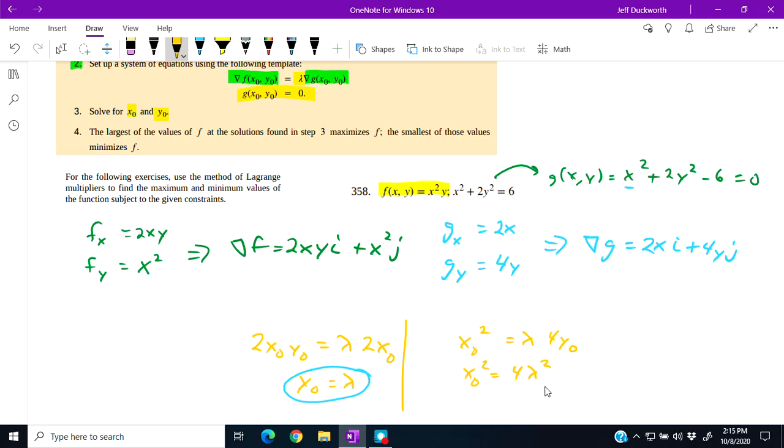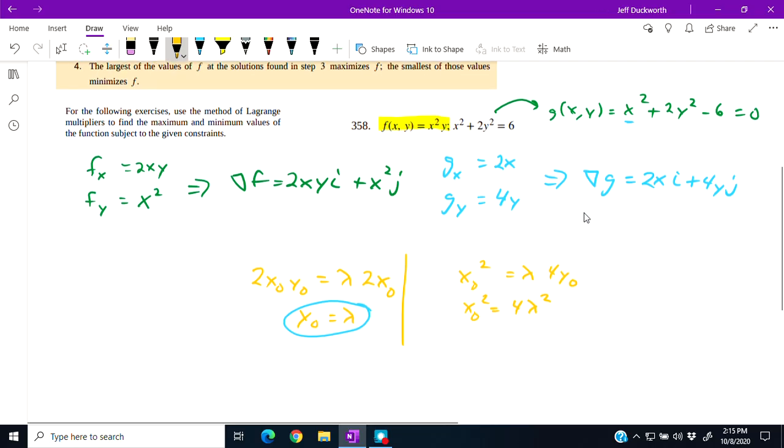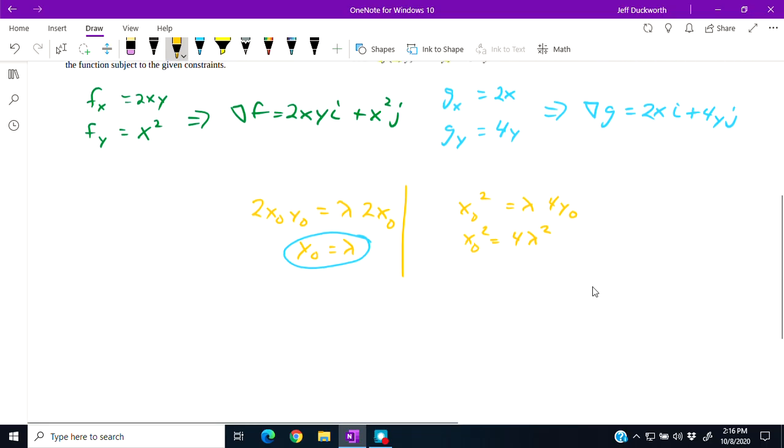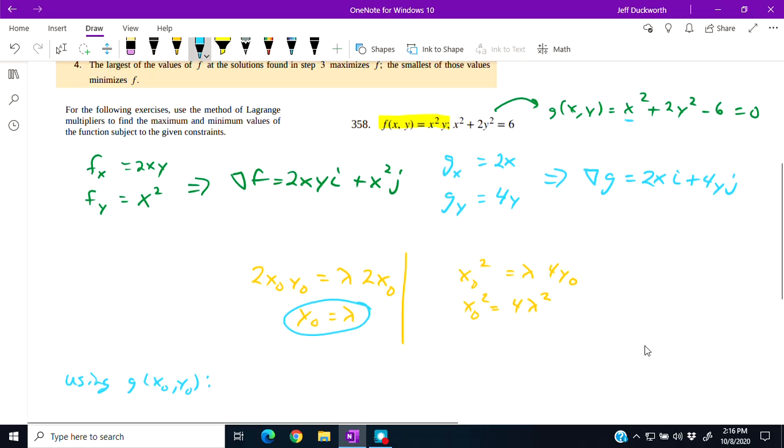All right. So we have a bit more to do here. At this point, we've got our g function, so we can use it. Our g function above here is x squared plus 2y squared minus 6 equals 0.